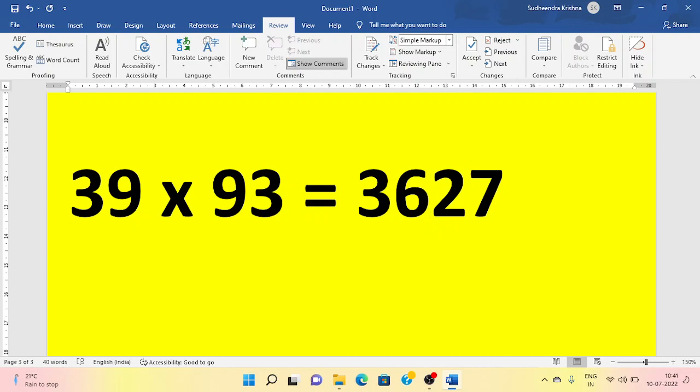So 39 into 91 is equal to 3627. Let me check once again. 9 times 3 is 27, 2 carry. 3 square is 9, 9 square is 81. 81 plus 9 is 90. 90 plus 2 is 92. 2, 9 carry. 27 plus 9 carry is equal to 36. So 3627. It's as simple as this.